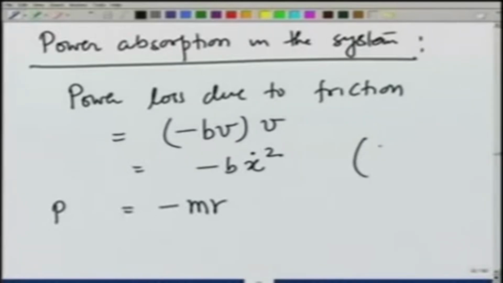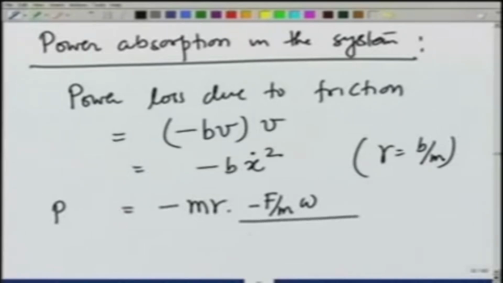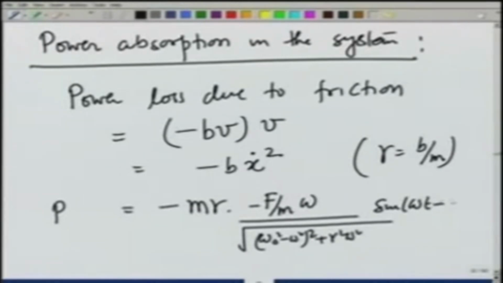Remember, gamma was defined as B over m, times x dot square, which is f over m times omega with a minus sign, divided by square root of omega naught square minus omega square, whole square, plus gamma square omega square, times sine of omega t minus phi, square. This is the velocity square.